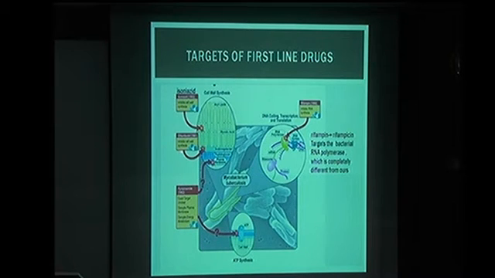We have ethambutol, which targets cell wall biosynthesis. Pyrazinamide: at the time that I made this slide a couple years ago, the exact target was not clear, but it does disrupt energy metabolism. So these are mainstay drugs, along with streptomycin, which is an antibiotic.